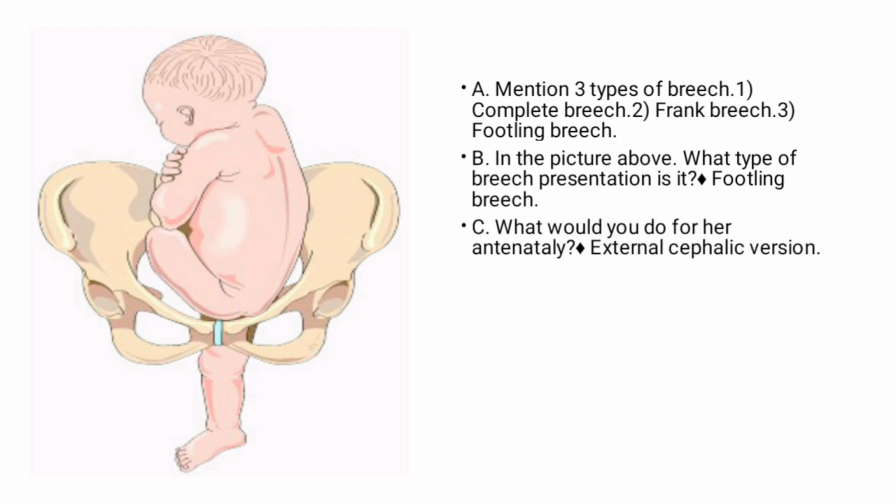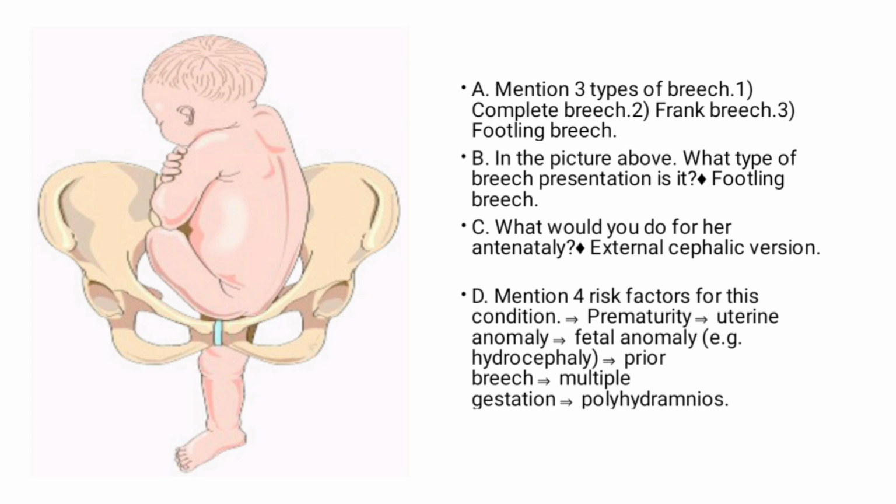Then what do we do antenatally? Of course, we are not necessarily talking about this footling breech, but for someone with a breech presentation, what we do antenatally is external cephalic version.